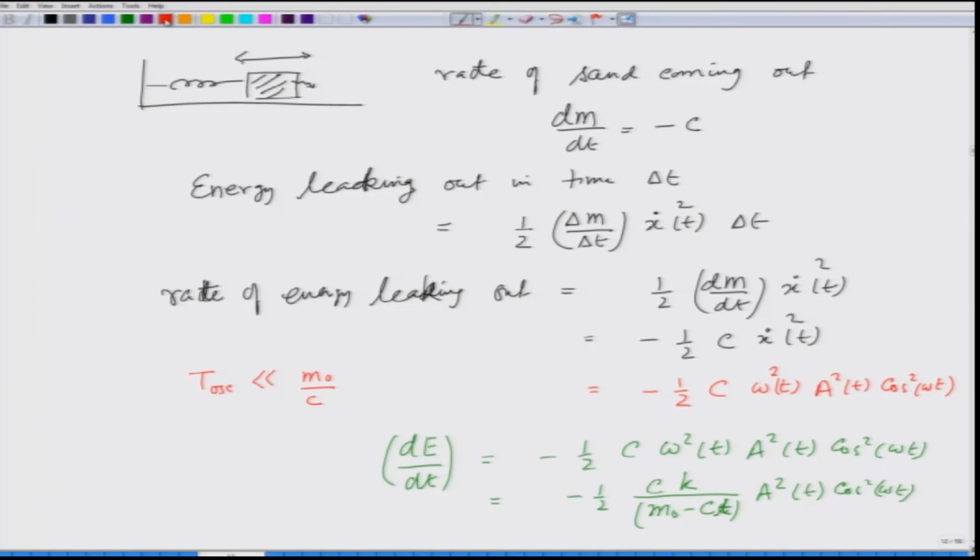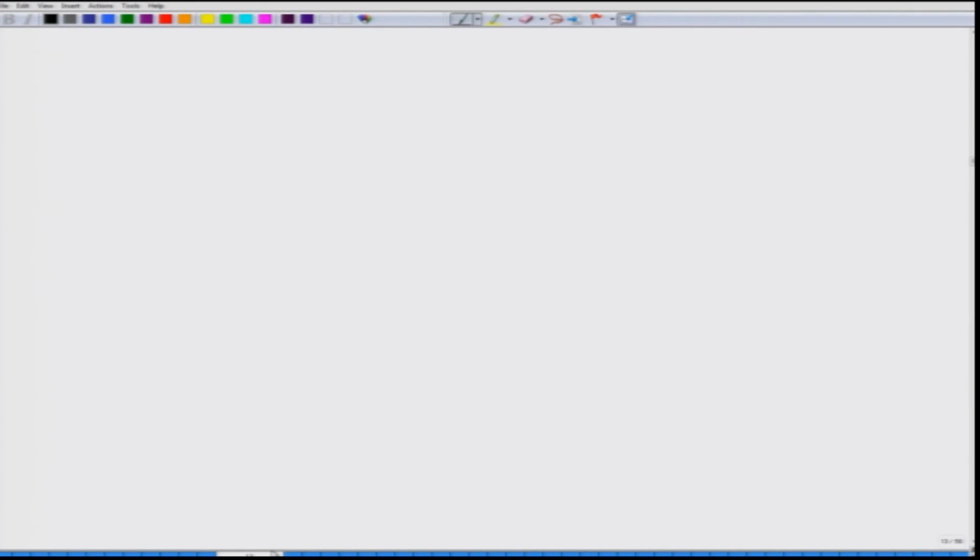This is my equation for loss of energy at any given time. Let me write this again. So, I have energy loss is equal to minus a half c k over m naught minus c t A square t cosine square omega t.